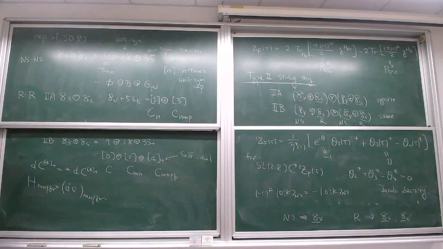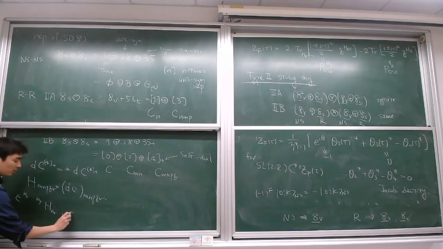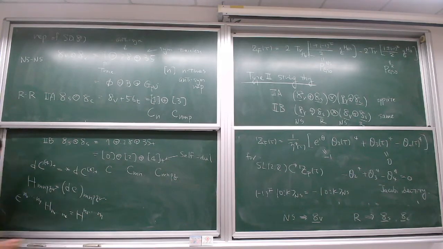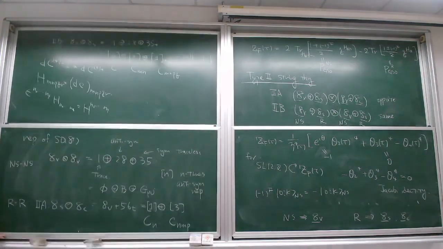Self-dual means that you consider the epsilon tensor, which has 10 indices. It's kind of tedious to write down, but H_{n1...n5} should be equal to H_{n6...n10}. Okay, that's what self-dual means. Understand? That's self-duality.